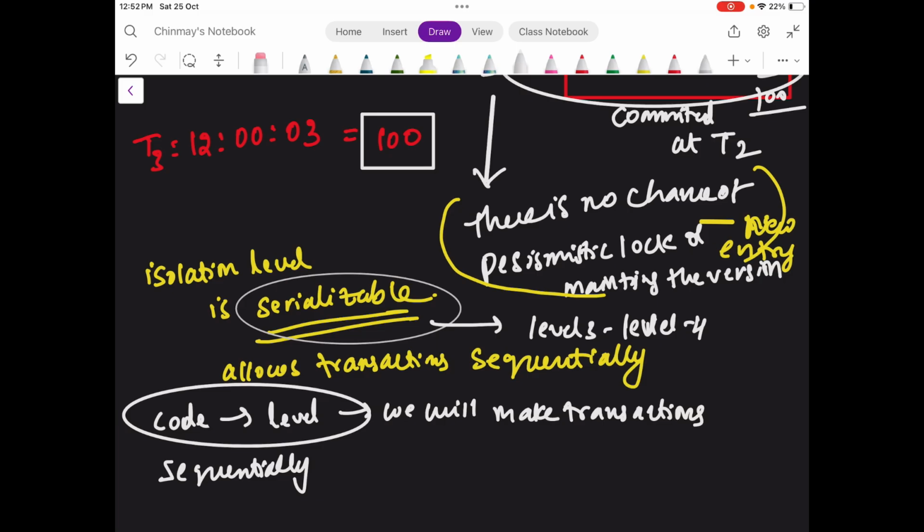In practice, it depends upon the application. Some applications, even if there is latency, have no issue at all. In banking sector applications, latency is always a low priority. Perfectness or consistency is a high priority for banking applications, so in those cases, maybe you can put the isolation in serializable. It doesn't have a problem at all.